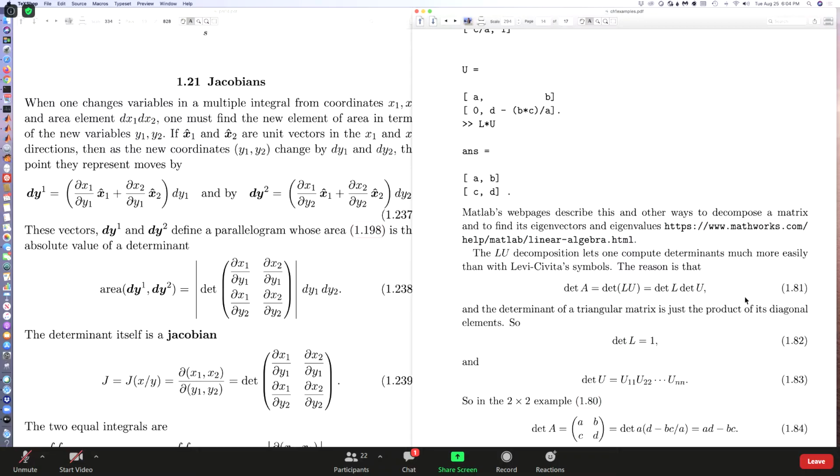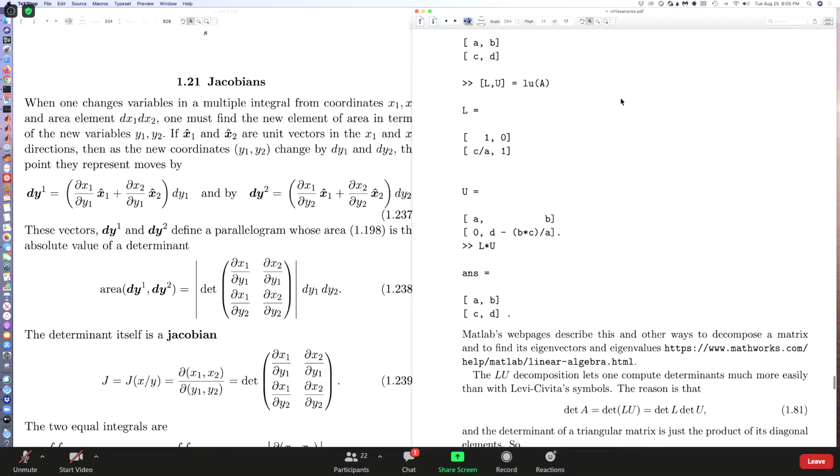A good way to do the determinant of a matrix A is to do the LU decomposition, to recognize that the determinant of A is then the determinant of L times the determinant of U. The determinant of L is equal to 1. And then if you compute the determinant of U, you see U, for example, is something like this. So you go down the first column and you have A, and it's A times this. You're done, because the other thing is B times 0. So this is just the product of the diagonal matrix elements.